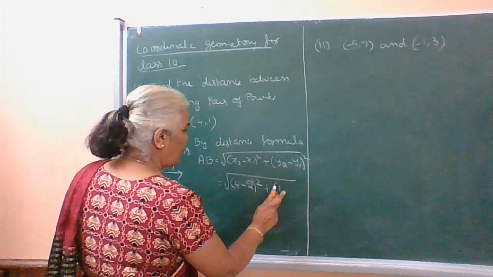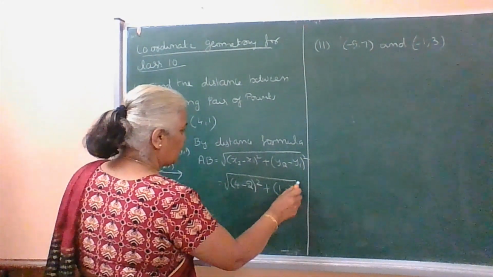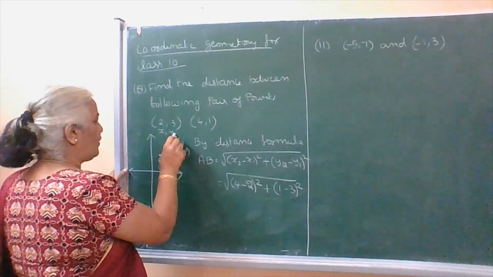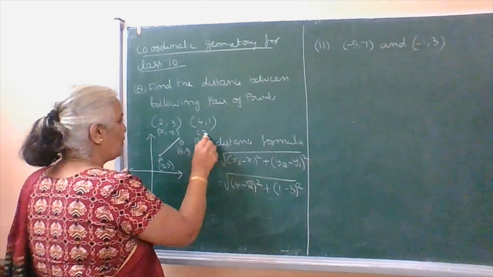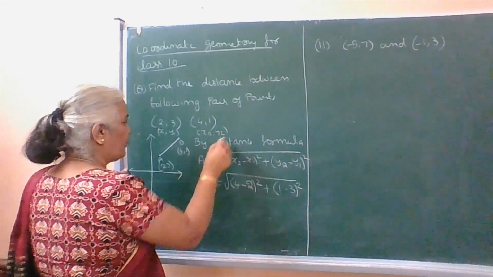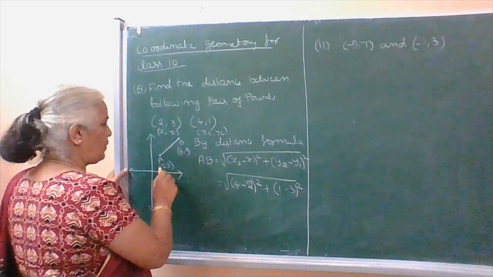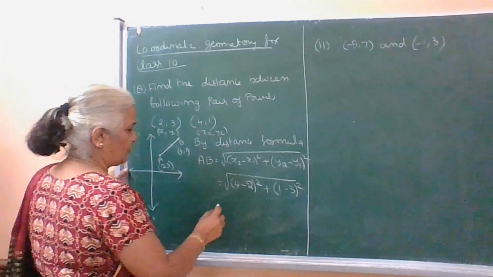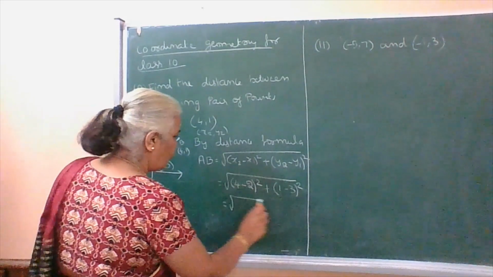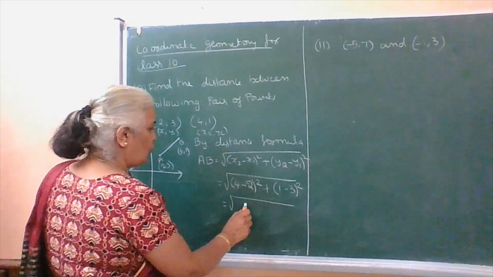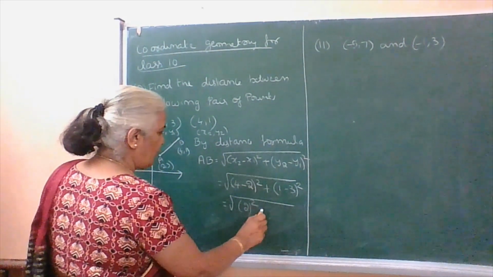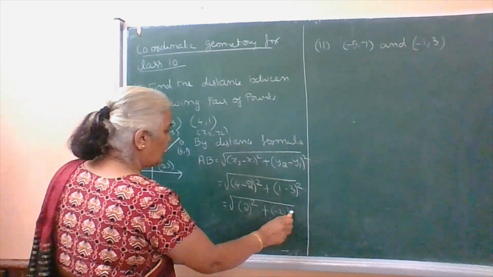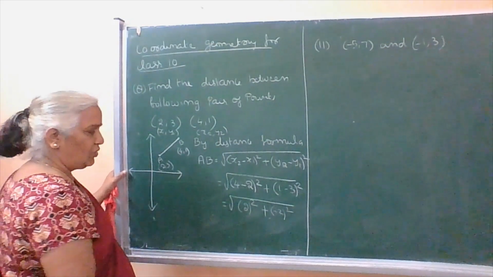See, in this it is x1, y1 and this is x2, y2. Therefore, 4 minus 2 whole square and 1 minus 3 whole square. Therefore, 4 minus 2 is 2, it is 2 whole square. 1 minus 3 is minus 2, therefore minus 2 whole square.